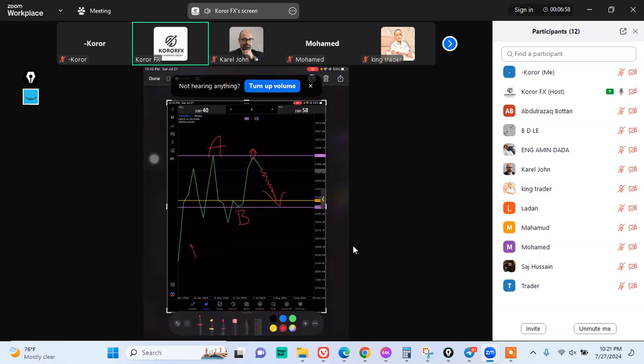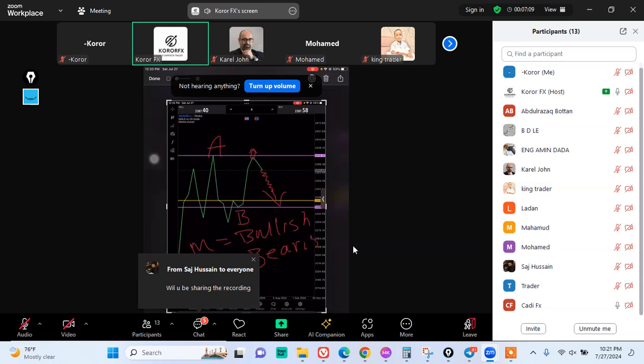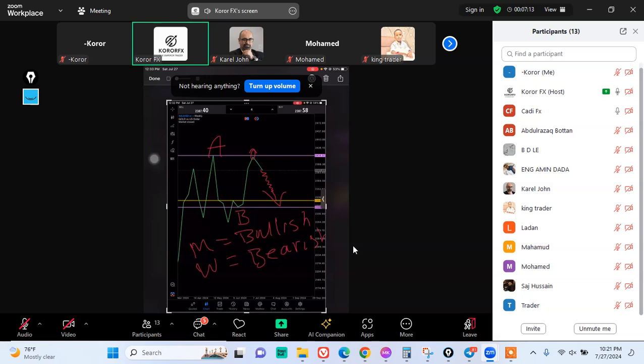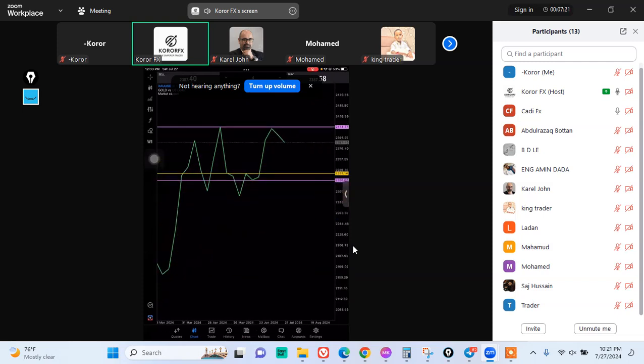So this means monthly equals bullish, and weekly equals bearish. This is all happening on the line chart. I'm not explaining the candlesticks yet; I will show you the candlesticks and how to do it. So we have weekly bearish, monthly bullish.